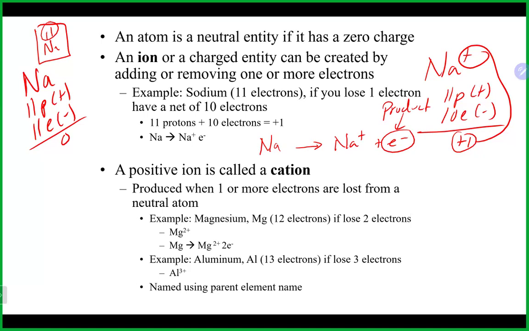By the way, both sides of that equation are balanced in terms of the charge. On the left-hand side, the sodium has no charge. On the right-hand side, we have a +1 charge and a -1 charge from the electron. That equals 0 overall, and that equation is balanced in terms of the charge. So a cation, as we've talked about, is something that has a positive charge.